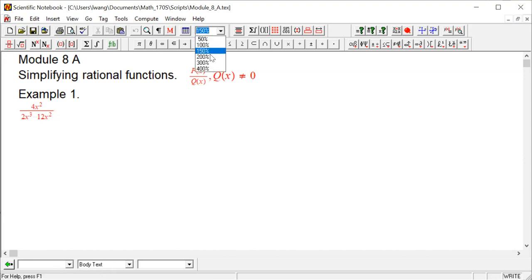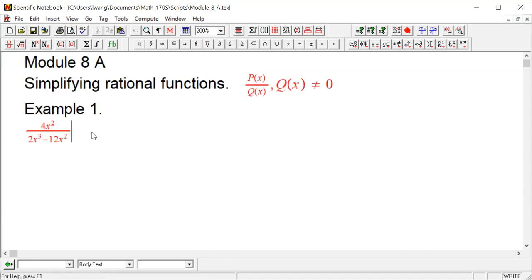Let's make the fonts just a little bit larger. To simplify this expression, we would factor.